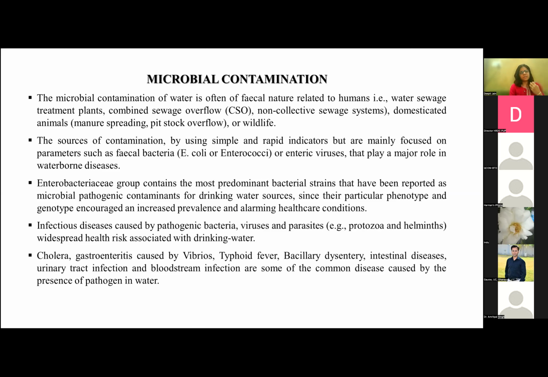Infectious diseases caused by pathogenic bacteria, viruses, and parasites are a widespread health risk associated with drinking water. As we all know, cholera, gastroenteritis caused by Vibrios, typhoid fever, bacillary dysentery, intestinal diseases, urinary tract infections, and even bloodstream infections are some of the common diseases caused by the presence of pathogens in water. All these are waterborne diseases.